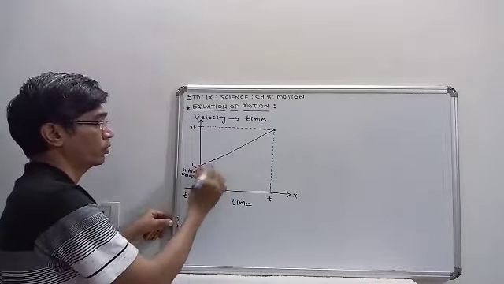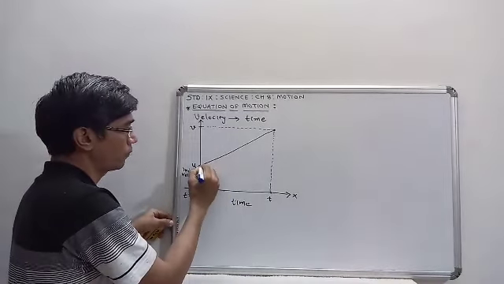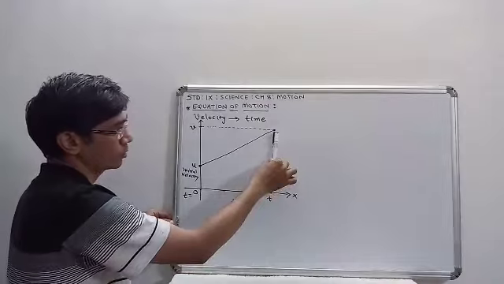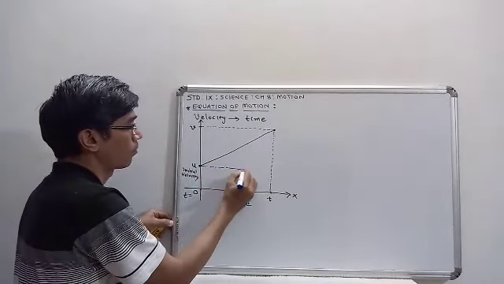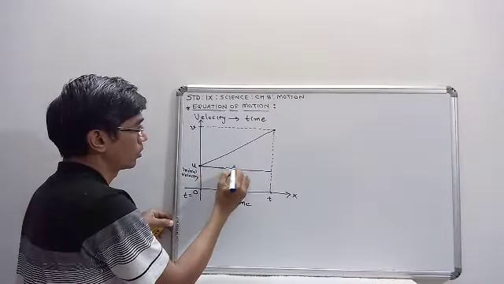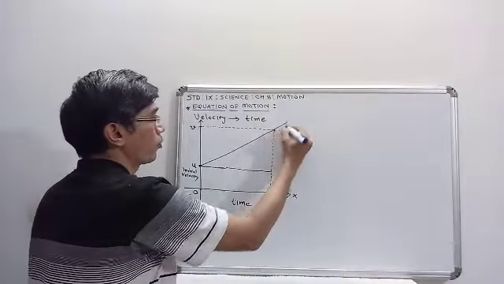Here we draw a perpendicular line from u to this line, and we name the points.